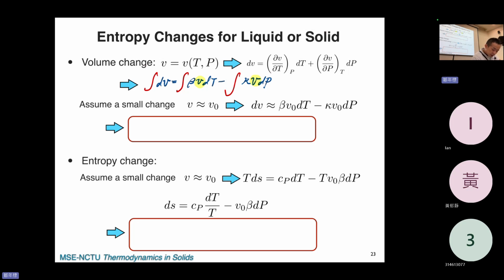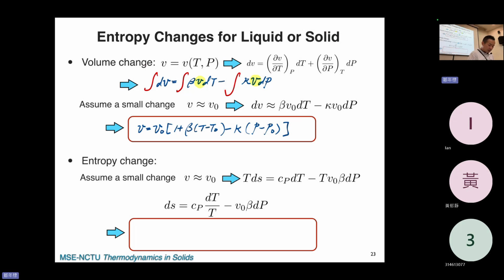And the result is V0 times 1 plus beta (T minus T0) minus kappa (P minus P0). Okay, so if you take into account the small change, V approximately equal to V0, and your V is actually the final V here.